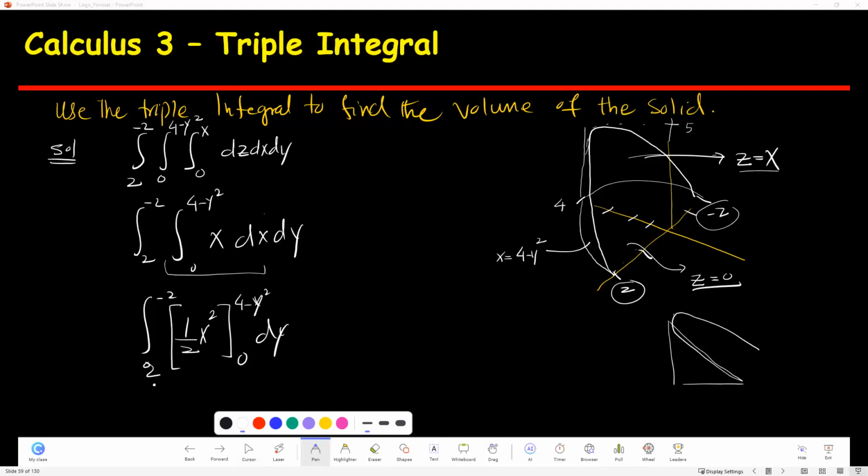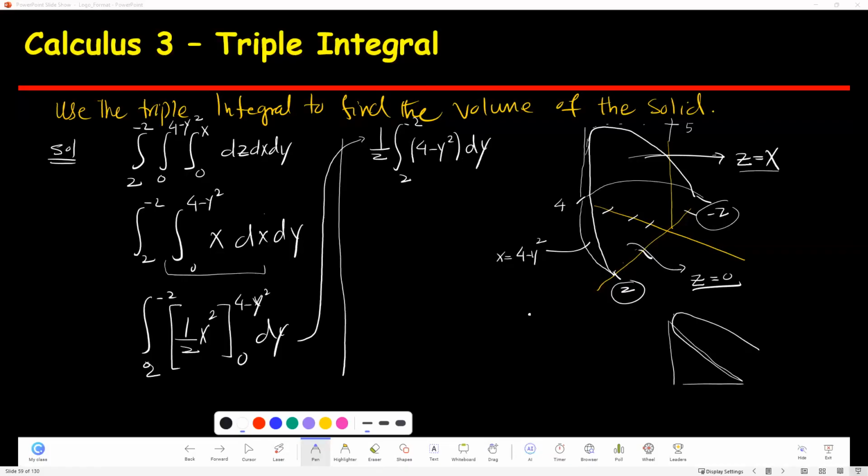I'm going to substitute the limit here. I'm going to take this half out, and then 4 minus y squared. Applying the limit, minus 0 means everything becomes 0. Okay, and then dy.